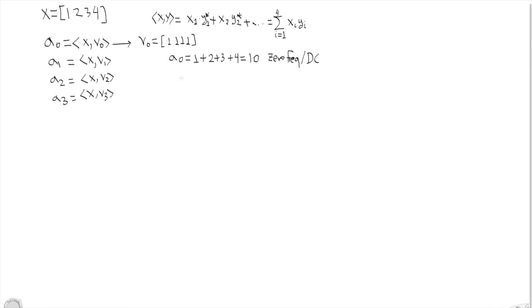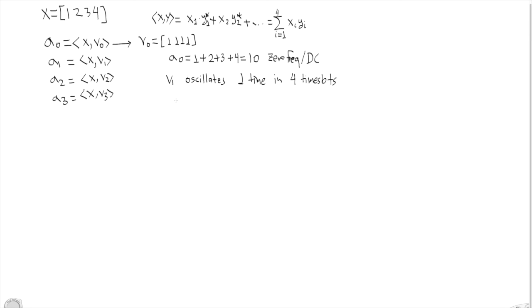Now, in order to calculate the first Fourier coefficient A1, I basically need to calculate the vector V1. Okay. Now, what is V1? V1 is, I would like it to be a signal of 4 dimensions, 4 coefficients, which oscillates 1 time in 4 time slots.